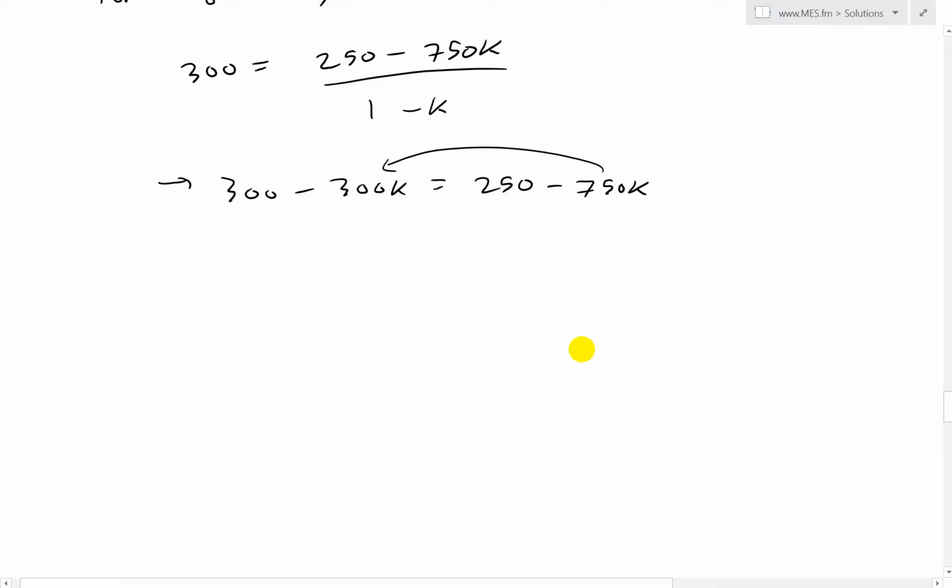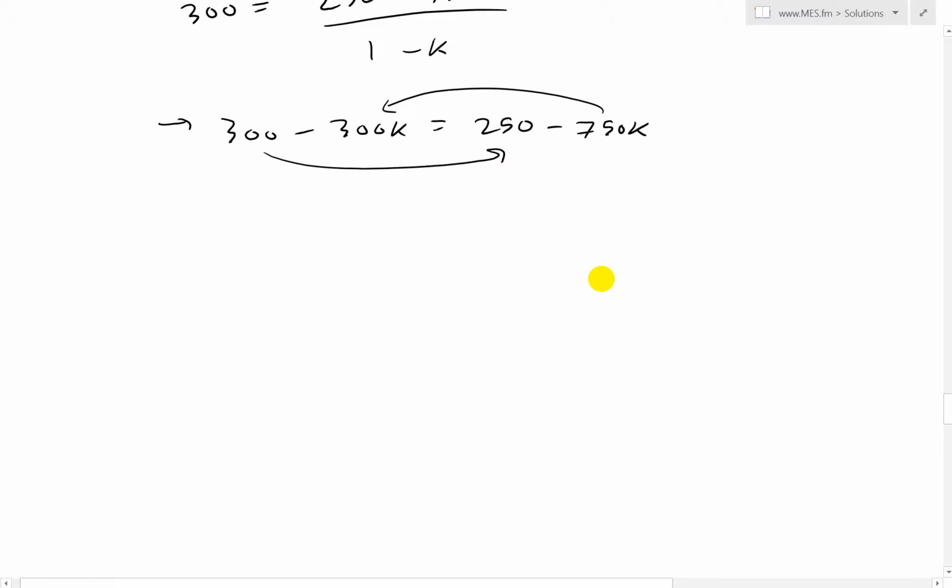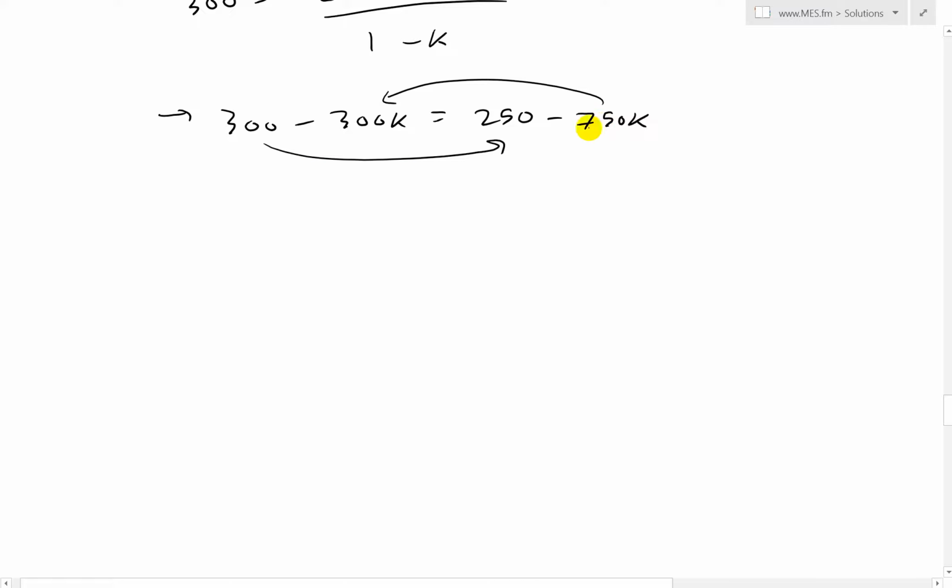Well, actually I'll just write it down so there's less confusion and it's easier for you to follow. So move that over, and this 300 on this side. What we get is 750K minus 300K equals 250 minus 300. This equals negative 50.